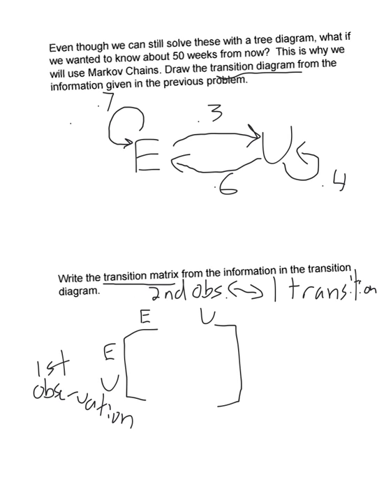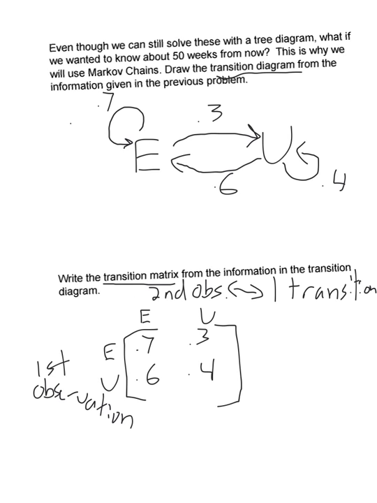Over on the left side, we started with our first observation. If our first observation was employed, we can be employed again with probability 0.7, or unemployed with probability 0.3. If our first observation is unemployed, we can become employed at 0.6, or stay unemployed at 0.4.